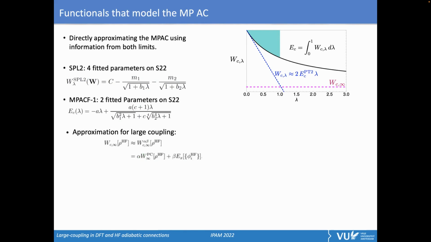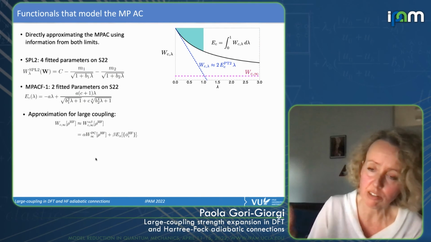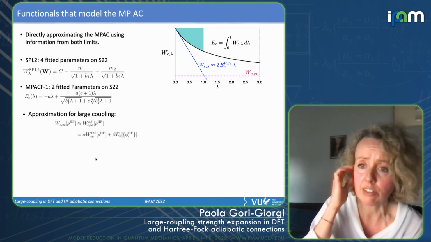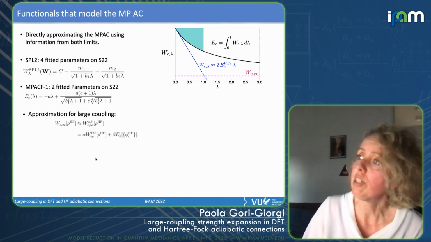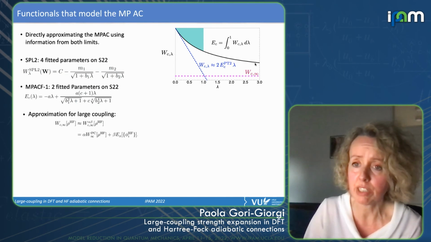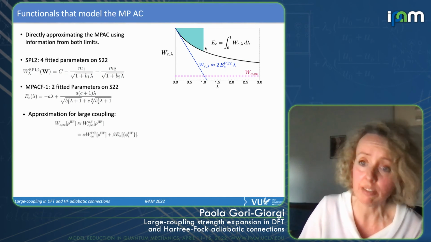So what we have done is to try 2 different interpolation formulas, which were really tailored to this adiabatic connection in Hartree-Fock. Here I'm always drawing it as convex, but actually the Hartree-Fock adiabatic connection can be first concave and then convex.